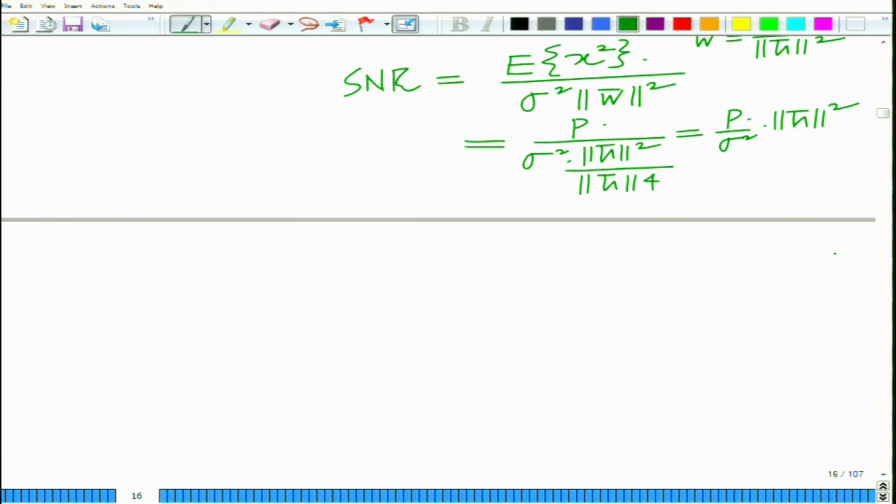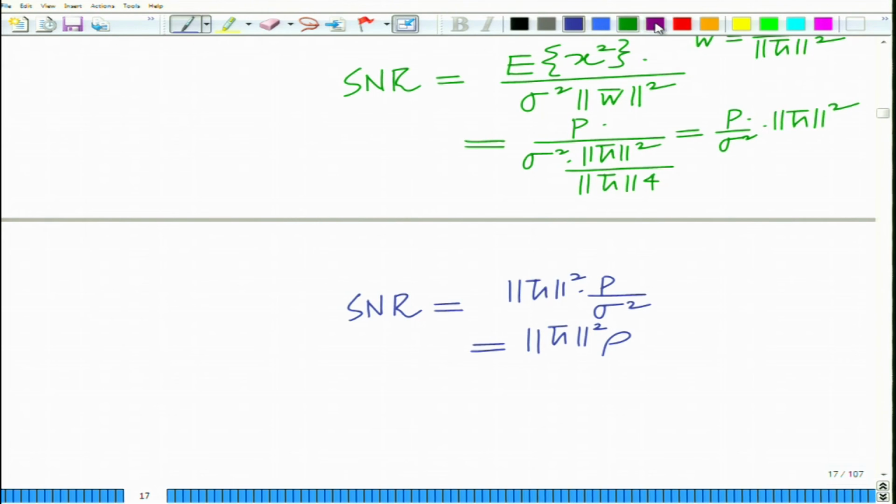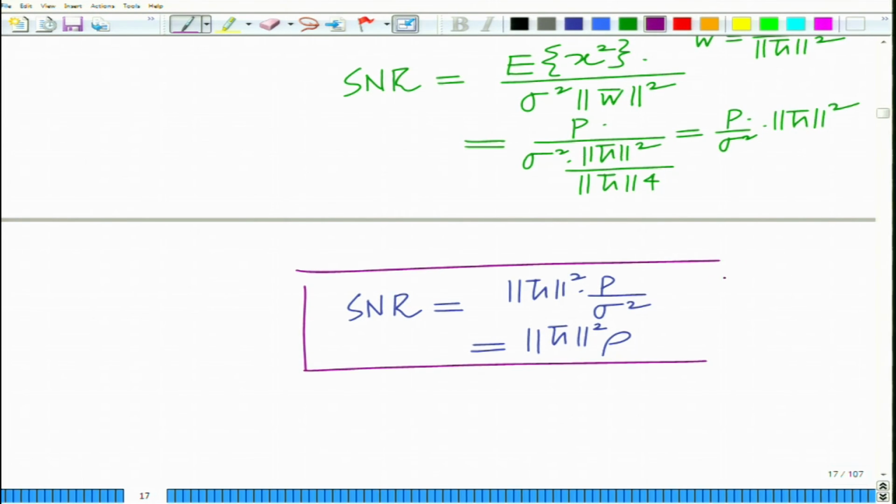So, the SNR at the output is norm H bar square into P divided by sigma square. You can also write this as norm H bar square into rho, where rho equals P divided by sigma square.